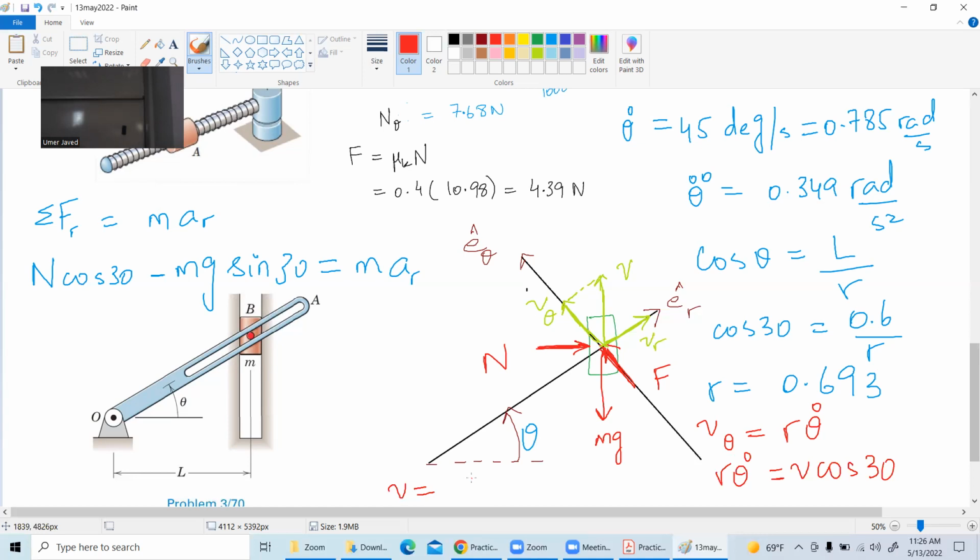Let me answer Hafaz's question. His question was, why are you finding V? Hafaz, my response is that when you are doing the summation of forces in the radial and theta direction, you have those big expressions. Those big expressions have R dot, theta dot.